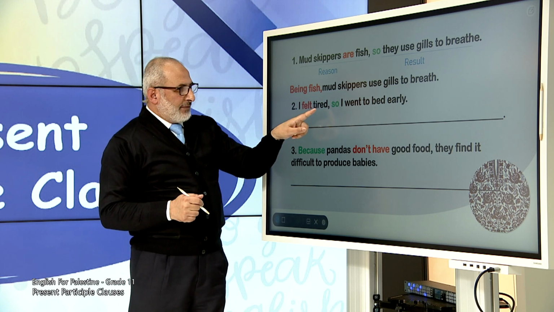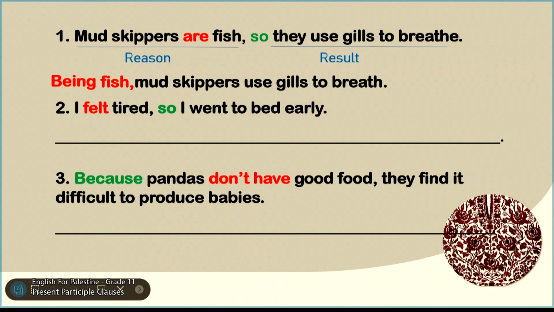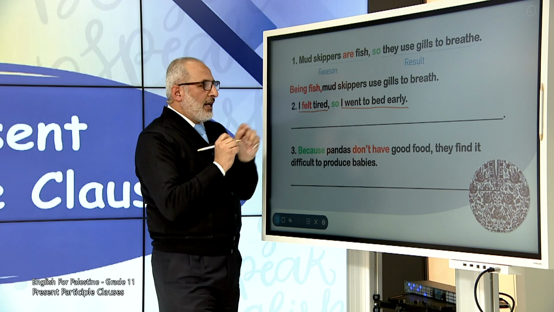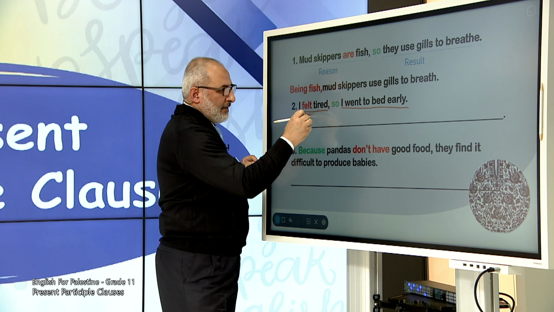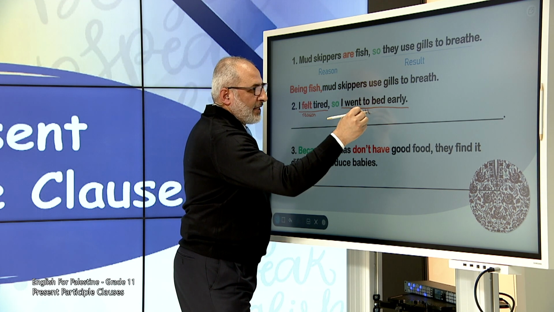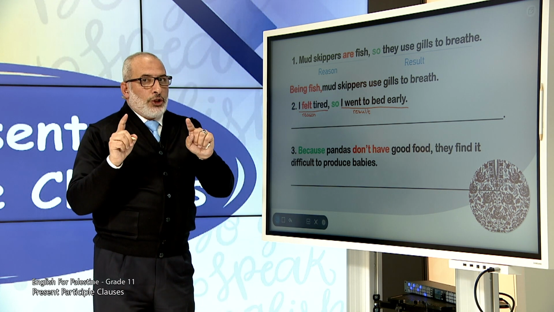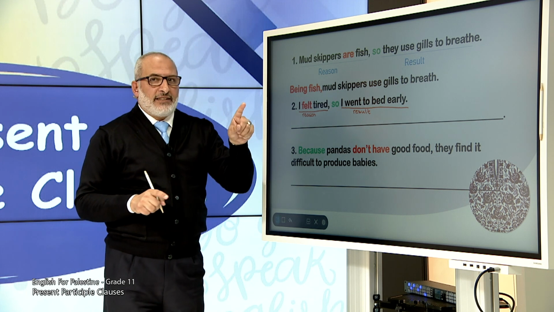I felt tired, so I went to bed early. Notice here, the sentence has 2 parts, this part and this part. Notice so. This is reason, right? And this is result. Do we use present participle clause with the reason or with the result?